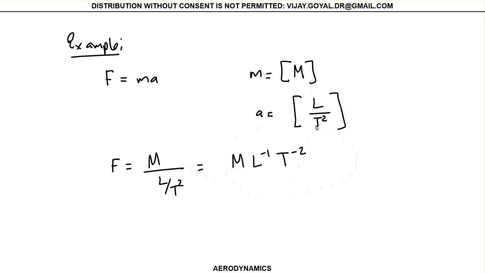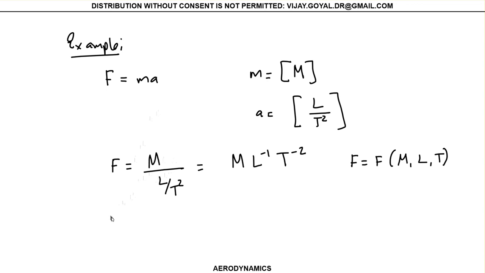So this is basically what we are trying to do: take some standard quantities and find the coefficients that can represent my function. I could say force is a function of mass, a function of length, a function of time, and this is how they are related to each other.